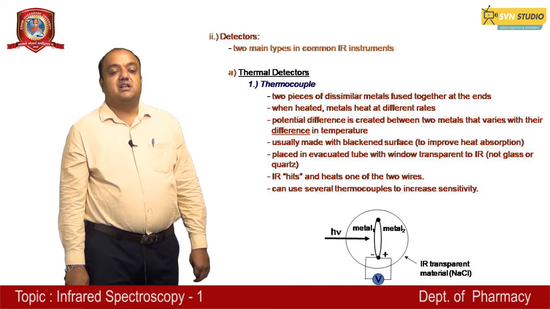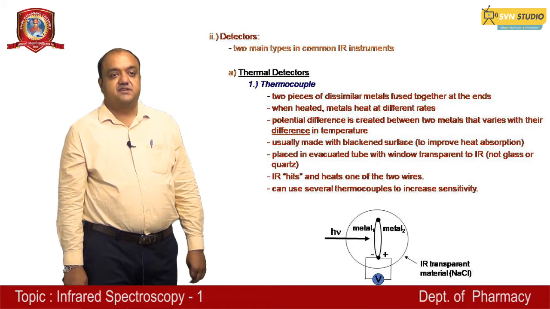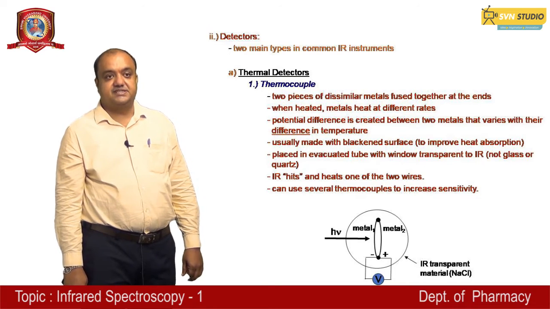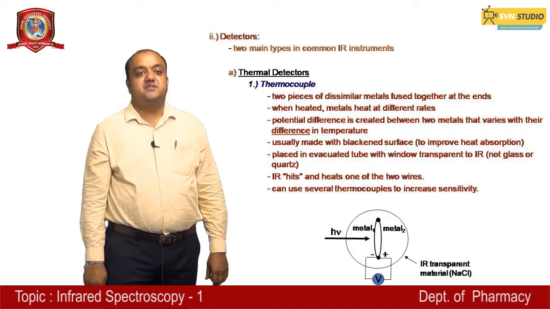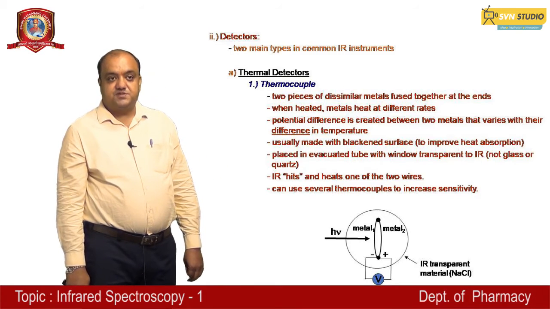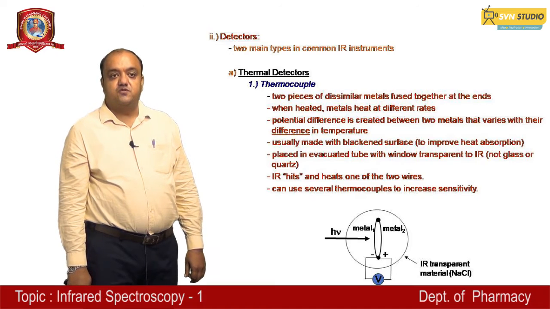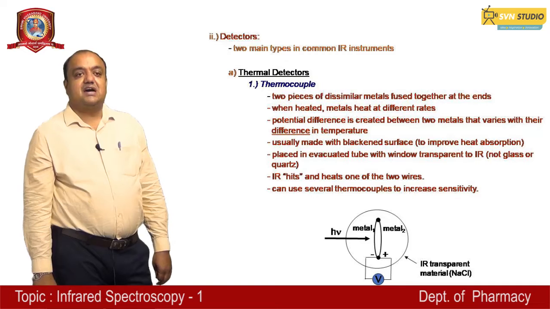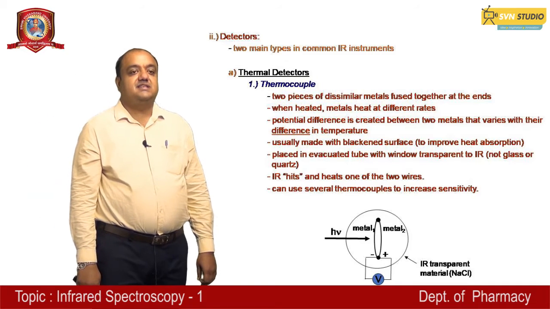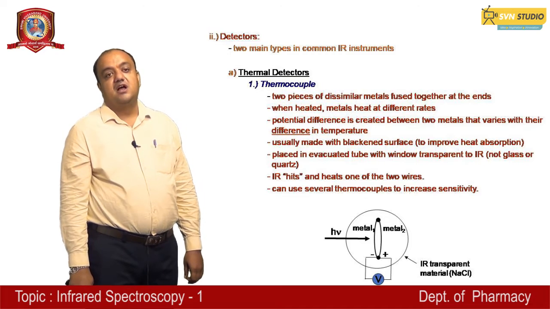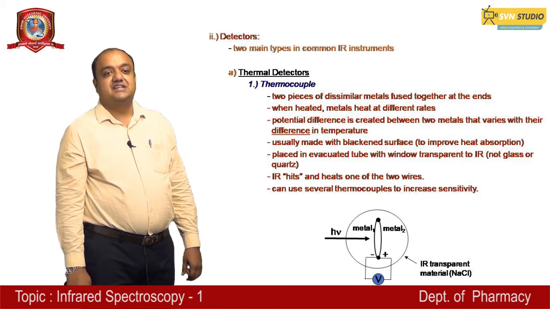When heated, the metals heat at different rates, and a potential difference is created between the two metals that varies with their difference in temperature. It is usually made with a blackened surface to improve heat absorption, placed in an evacuated tube with a window transparent to IR, not glass or quartz. IR hits and heats one of the two wires, and several thermocouples can be used to increase sensitivity.